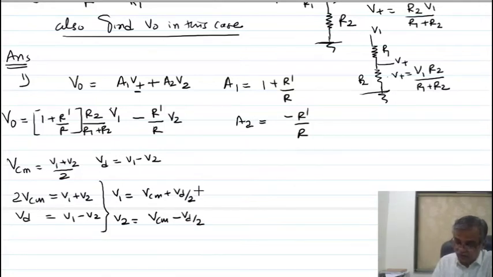I am putting these two values in this equation.